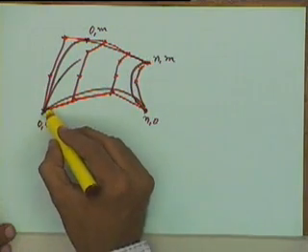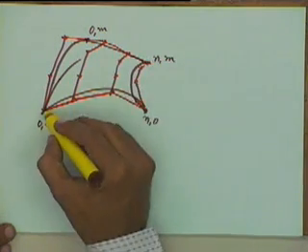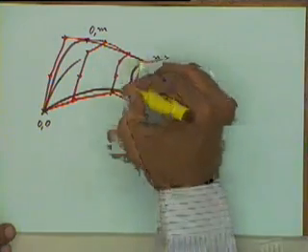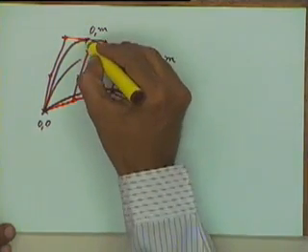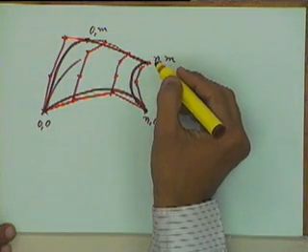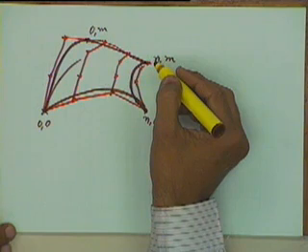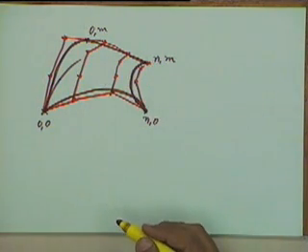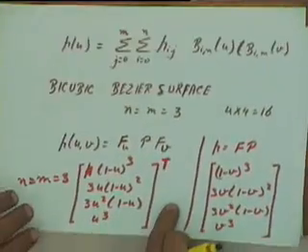These 4 bounding curves that I have drawn right now, this curve, this curve and this curve, they will be Bezier curves. This can be seen easily from this formulation.